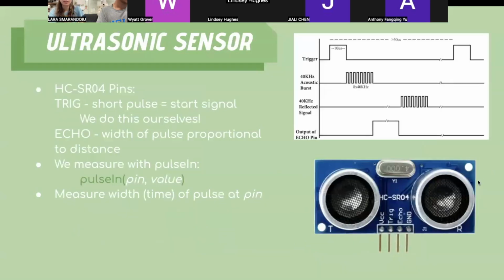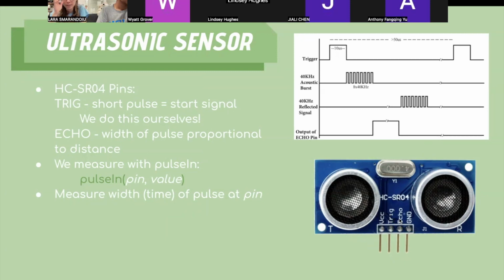Okay, so the ultrasonic sensor is a part that we have in our kits, the HCSR04, and it looks like this on the bottom right. How the sensor works is that it has a trig pin and an echo pin.